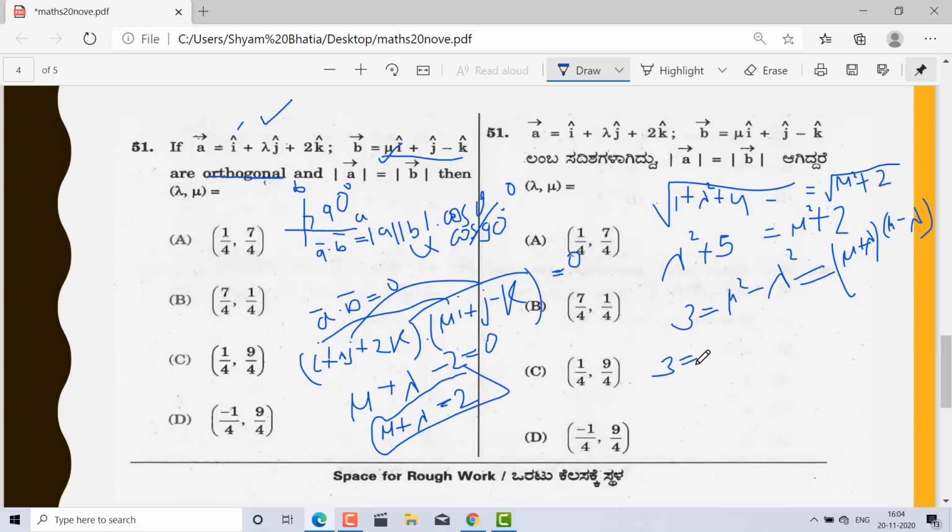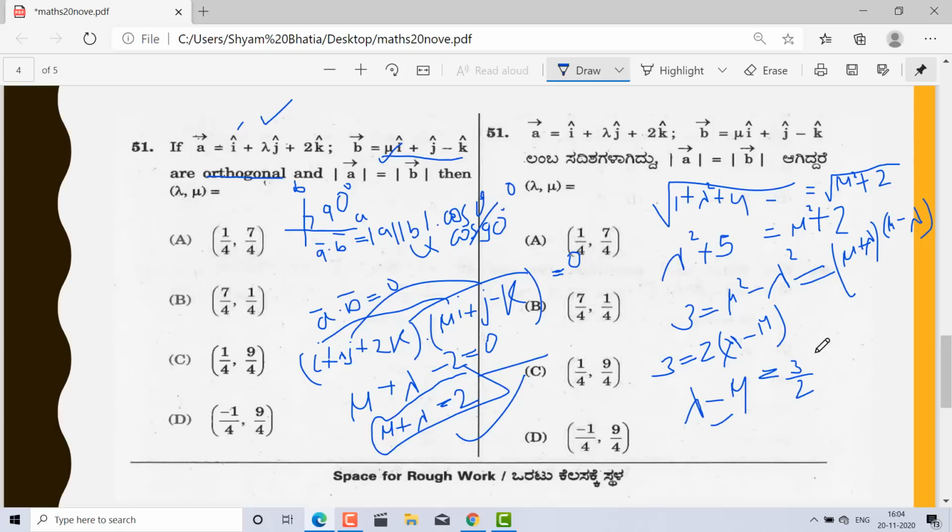So 3 equals 2 times mu minus lambda, and also you can write lambda minus mu is equal to what? 3 by 2. Yes, 2 equations and 2 variables you can find easily.